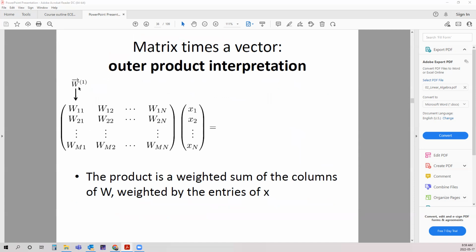Here we have W, we'll take W as vector 1. We do it with x, then we'll go to the next one, till we find y. So it's x1 with the first column of W, then x2 with the second column, xn with the last column, then it will end with y.